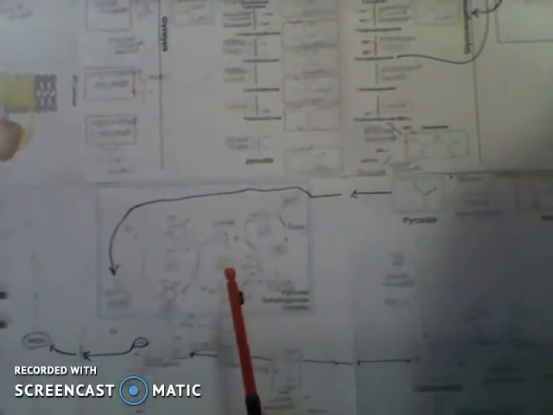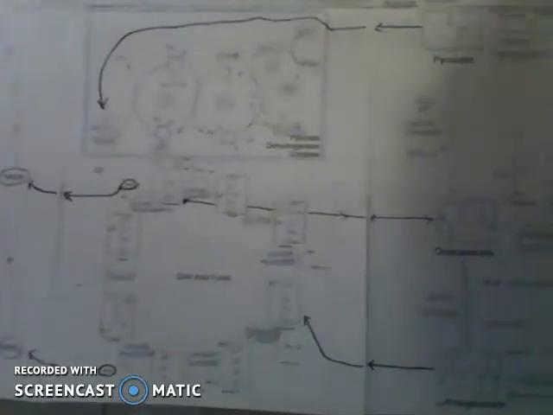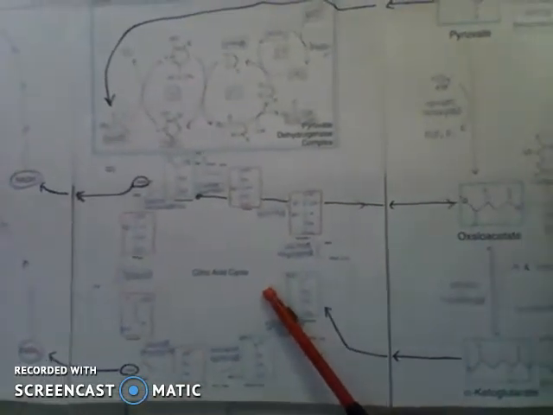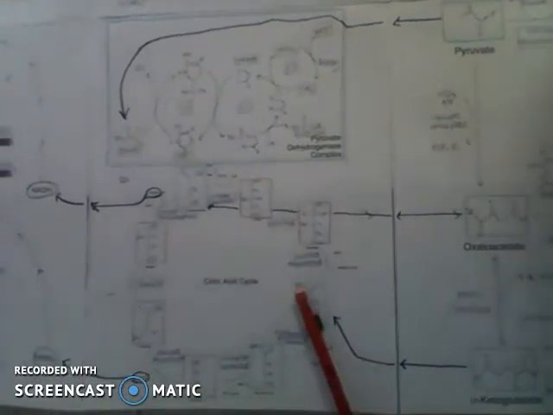We are then going to use that acetyl-CoA that is produced to drop down into the citric acid cycle, which is down here. During this process, it's a 9-step cycle here.